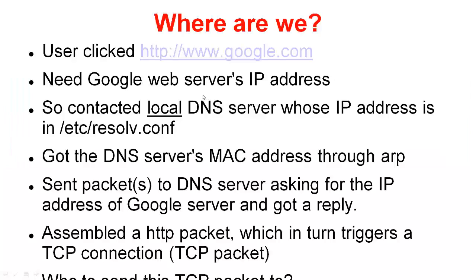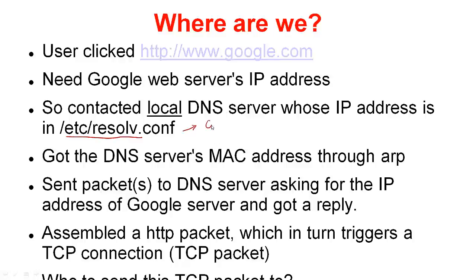So where are we now? Let me refresh your memory. The user clicked google.com, so you need to know Google's IP address. To determine this, you contacted your local DNS server. To contact the local DNS server, you figured out its IP address through this.